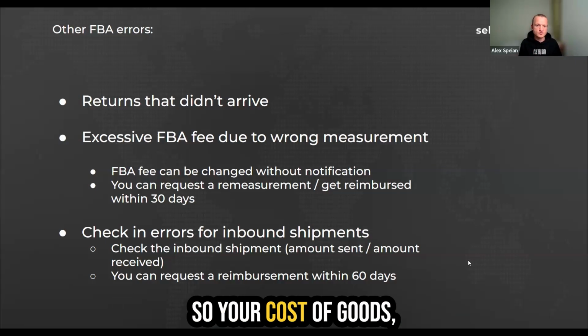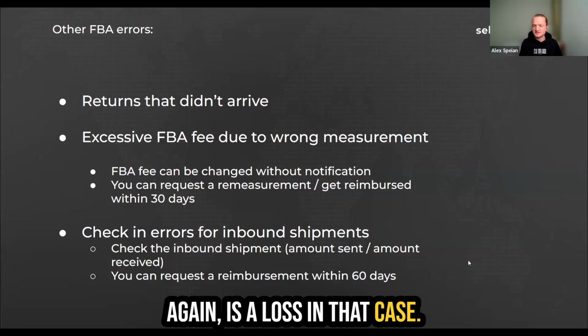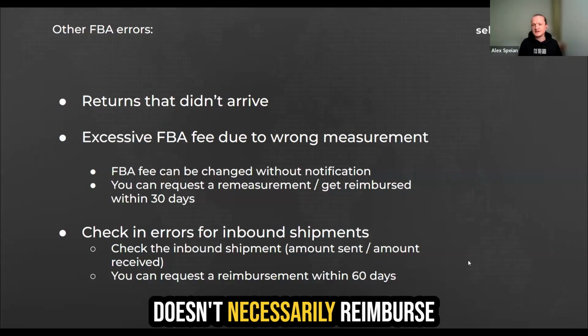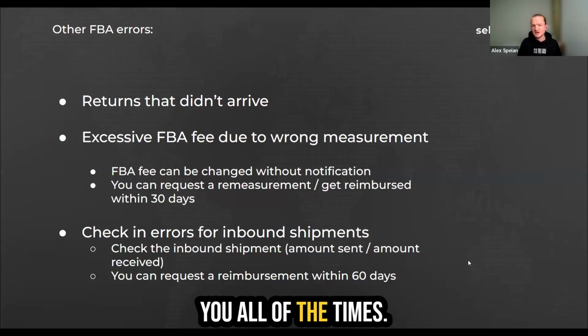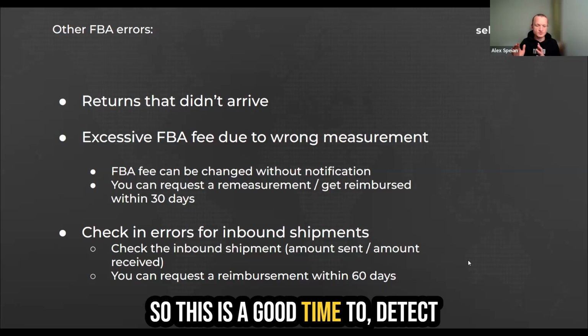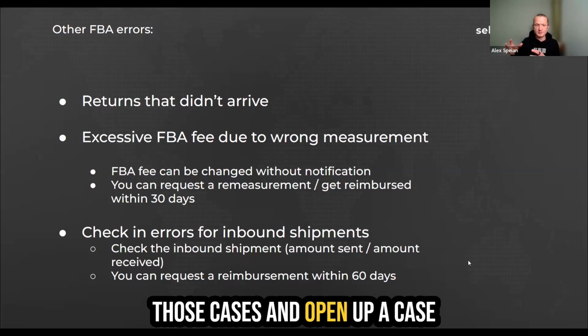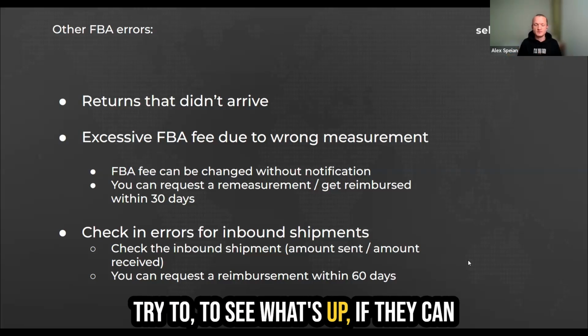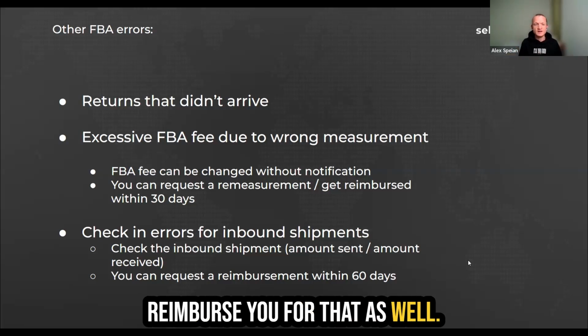So your cost of goods, again, is a loss in that case. In those cases, Amazon doesn't necessarily reimburse you all the time. Sometimes they might miss it, right? So this is a good time to detect those cases and open up a case with Seller Central support and try to see what's up, if they can reimburse you for that as well.